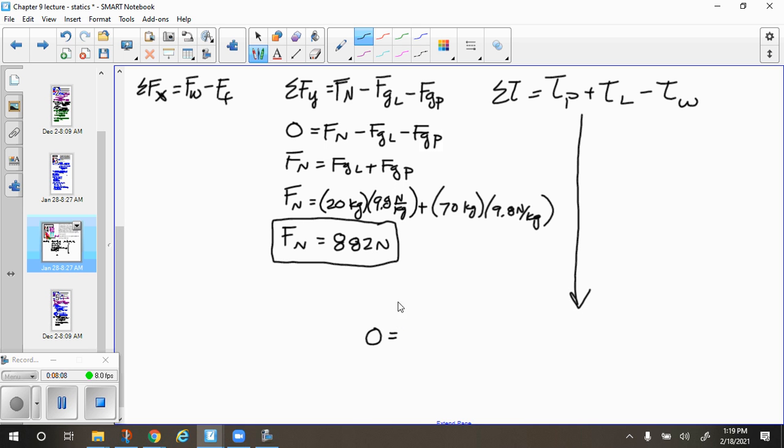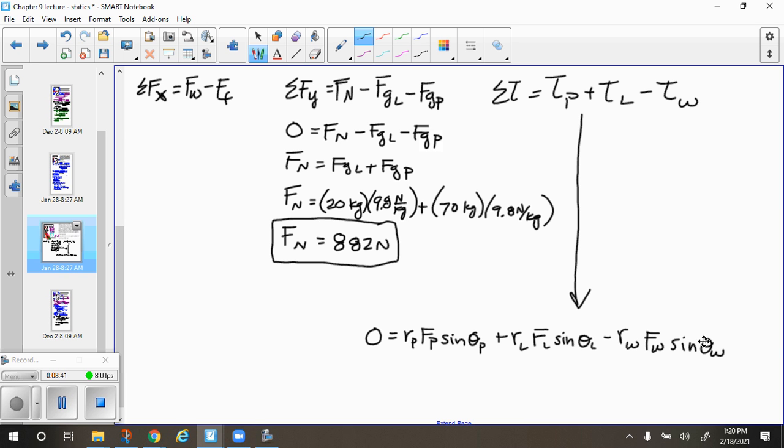is equal to the radius of the person times the force of the person times sine theta, and I'm going to call that theta p, theta for the person, plus radius of the ladder times force of the ladder times sine of theta L minus radius of the wall times force of the wall times sine theta wall.